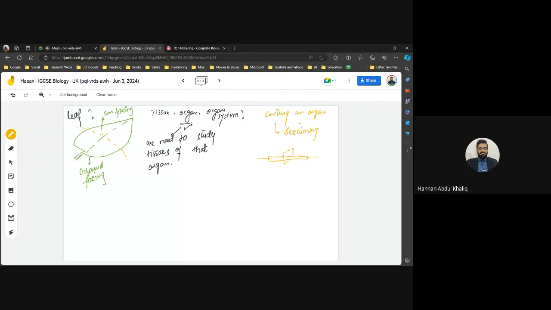That is called transverse sectioning. And in another type, we have an object and we'd be cutting it along the plane, like in this way. This is called longitudinal sectioning. Transverse sectioning, longitudinal sectioning.